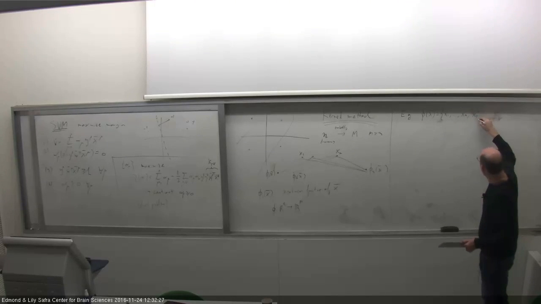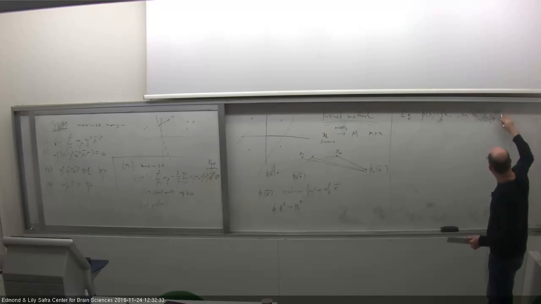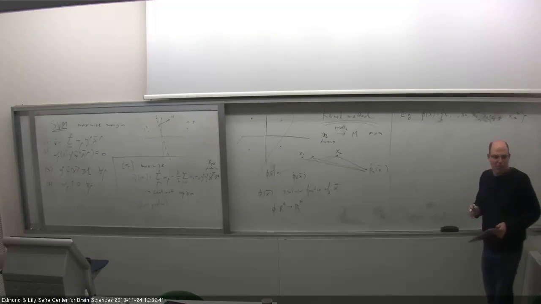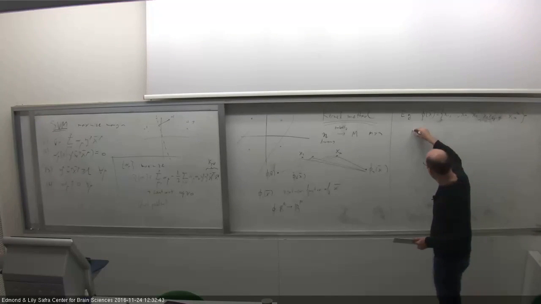This part is nonlinear. So we could have x1, x2, you get the idea, up to xn squared. That's a legitimate choice. What is m in this case?